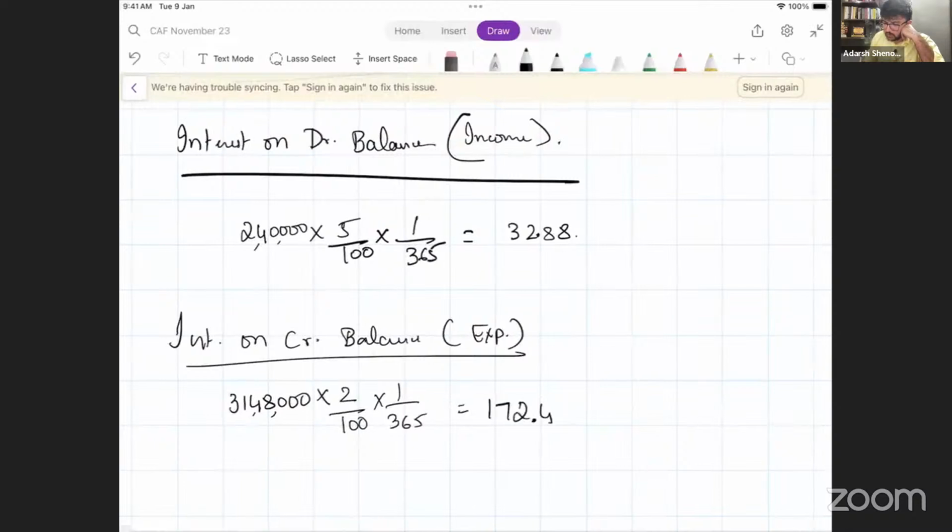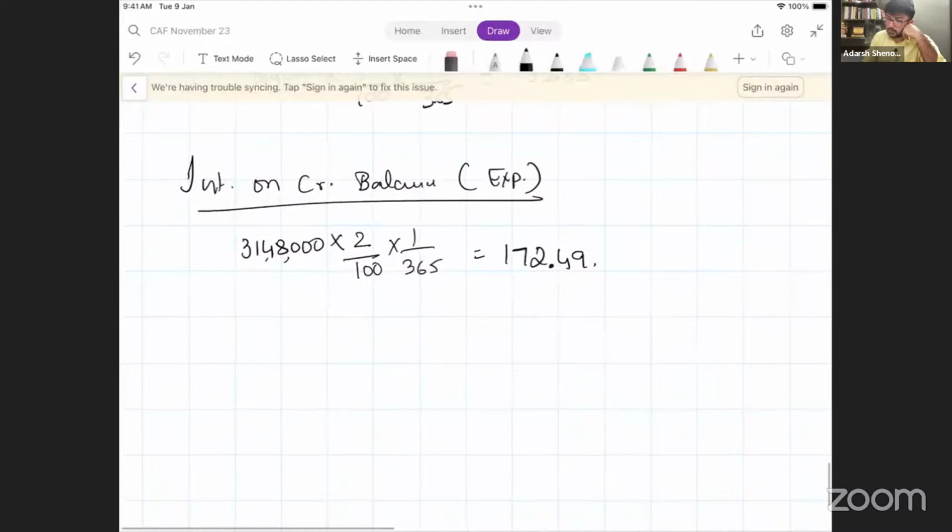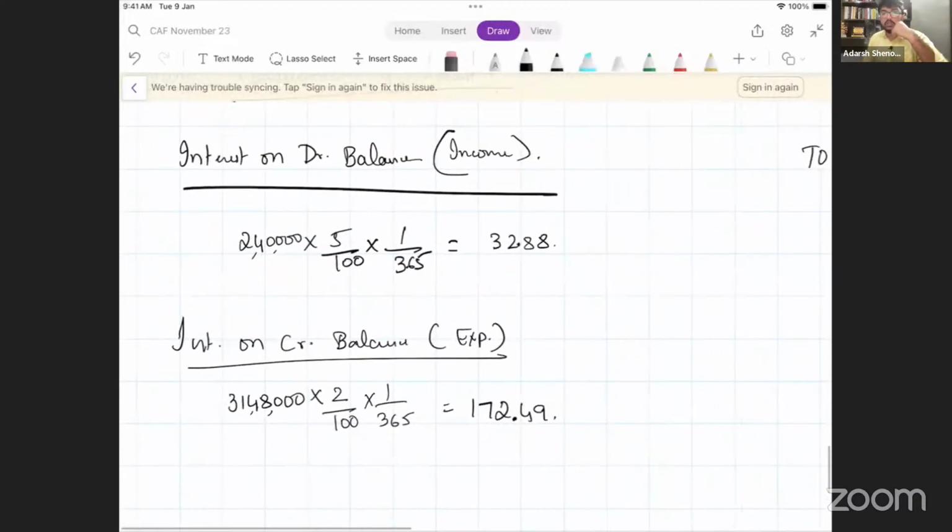Now you have to calculate the net interest. What is more? Income is more or expense is more? Expense, right?